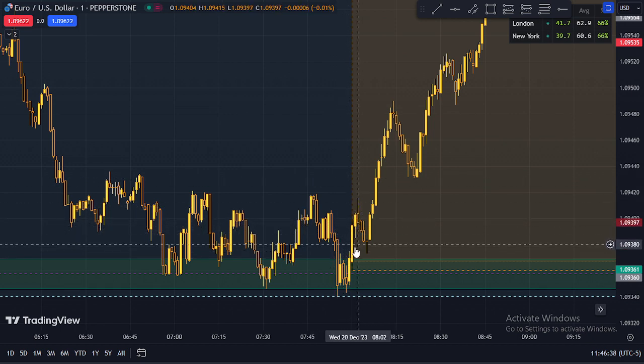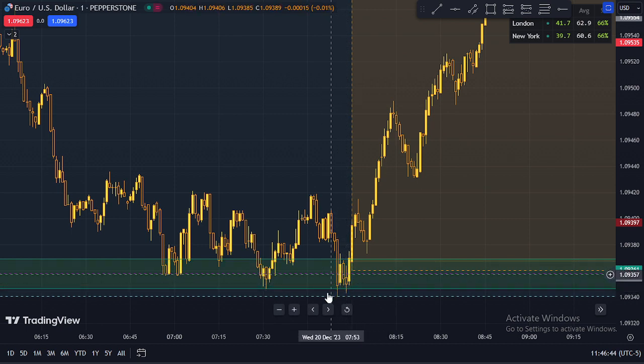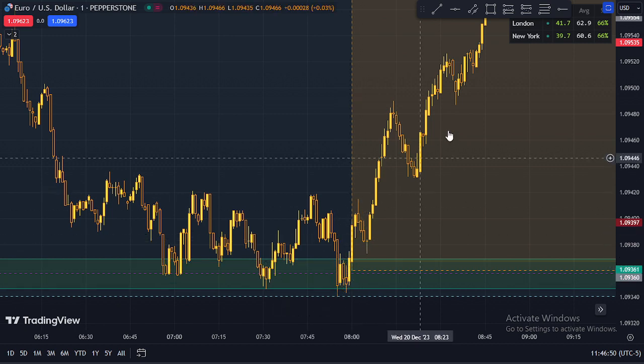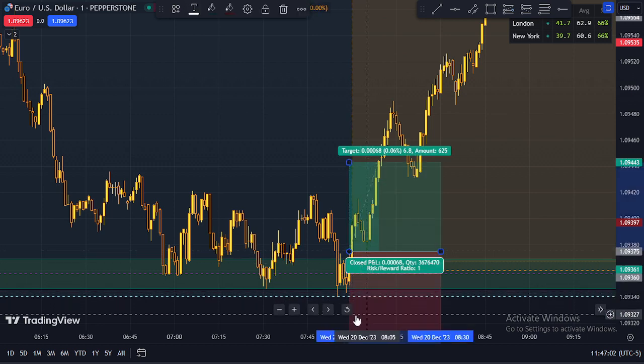So your entry, you could be going long right here, but if for some reason you want to be conservative with your entries, you wait for a market structure shift, you wait for an inversion fair value gap, you wait for a confirmation for you to go long.